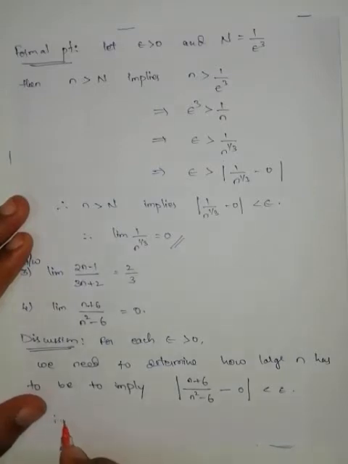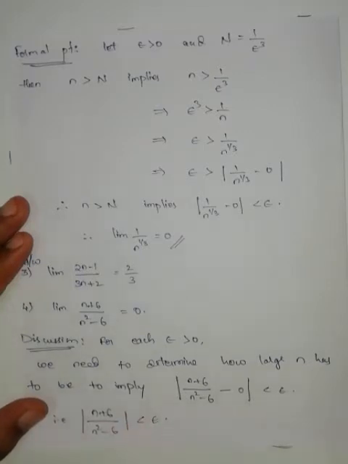That is, modulus of (n plus 6) by (n square minus 6) is less than epsilon.